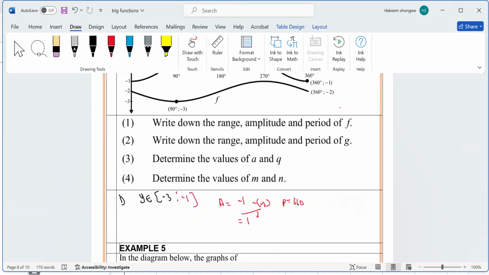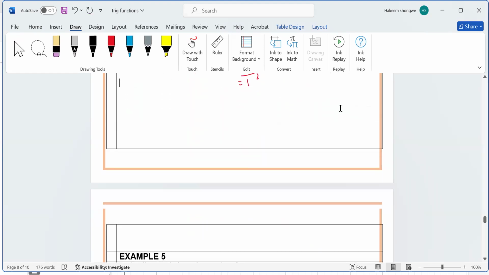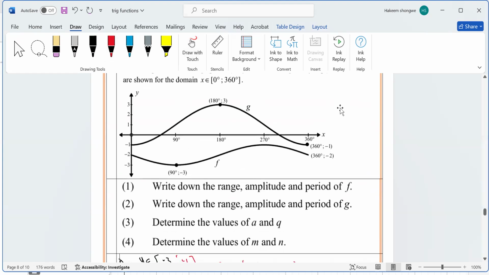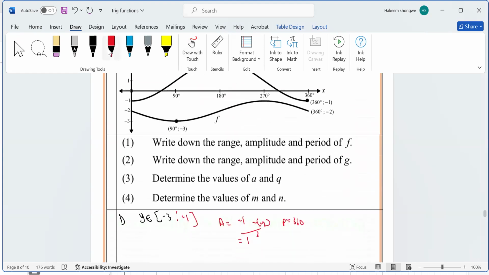And then number 2, they say we should write down the amplitude, the range of g and the period of g. Maybe let's try that one with blue. What is the range of g? The smallest value that you have, y is an element from, we start at -1.